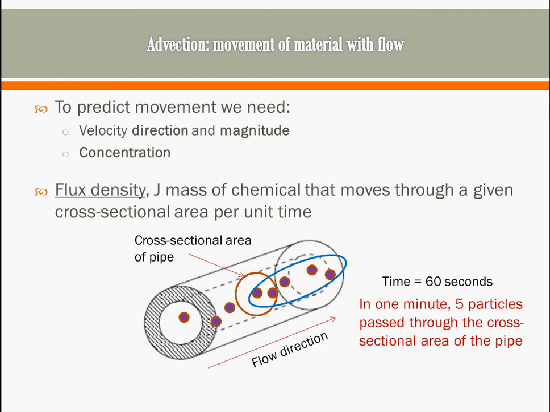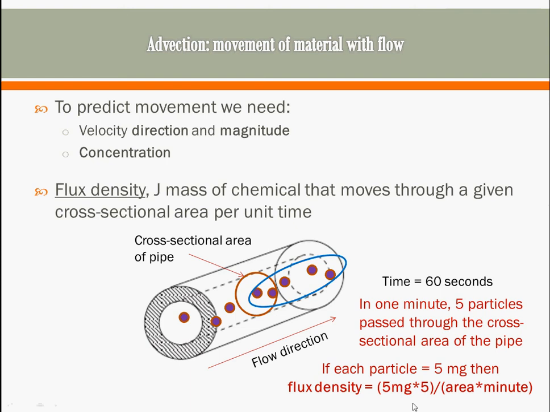So if we were interested in flux density, we would calculate that. If each particle weighs 5 milligrams, say, then we have the mass of those particles, 5 milligrams times 5, so 25 milligrams passed through this cross-sectional area in 1 minute.